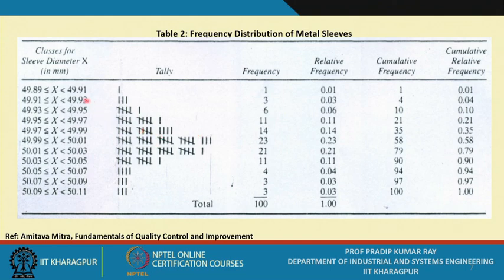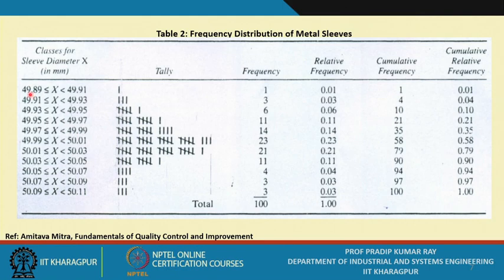And while you define a class interval, make sure that the width of each class interval is the same. Is it okay? So this is one approach. This rule is followed, and you have all these class intervals.